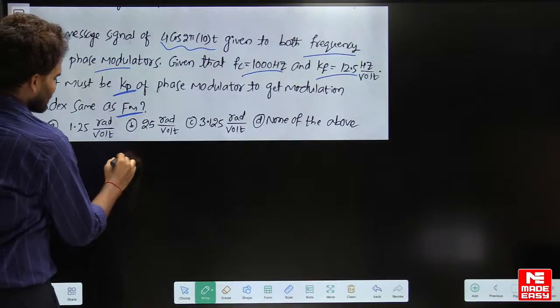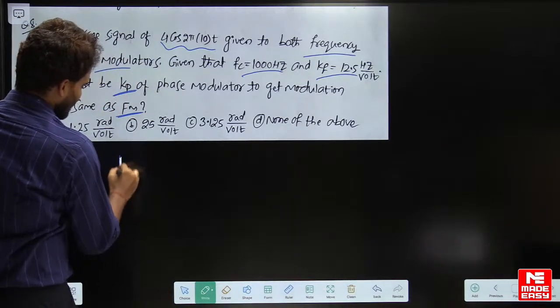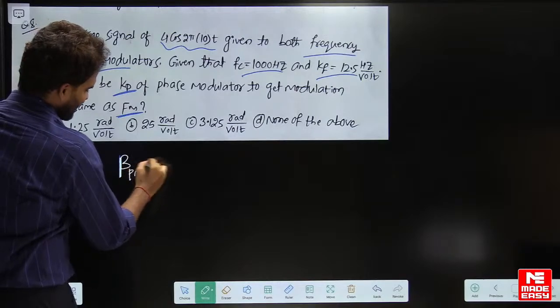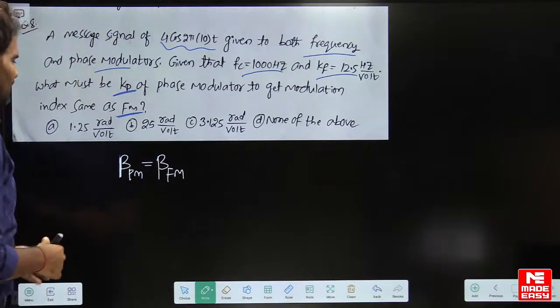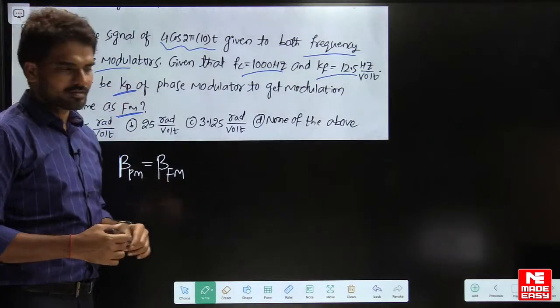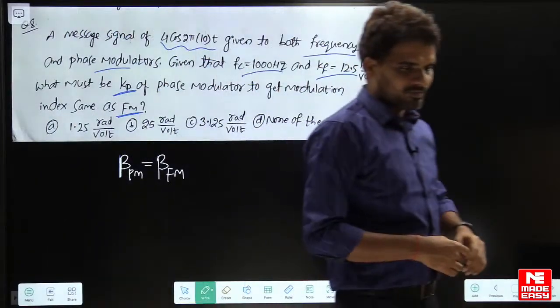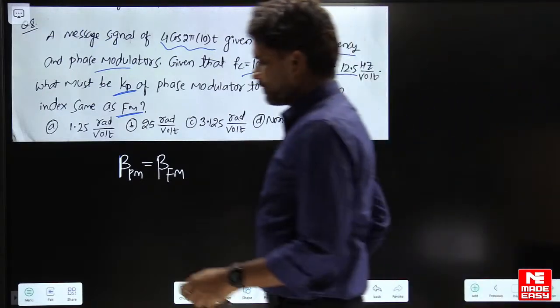To get the modulation index of PM the same as the modulation index of FM, what must be the KP value? We have to find out. So everyone try this question. It's easy.